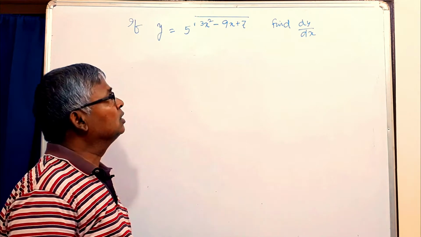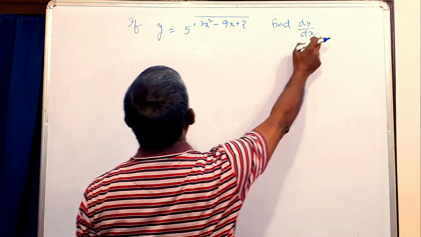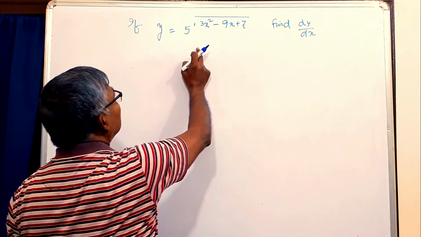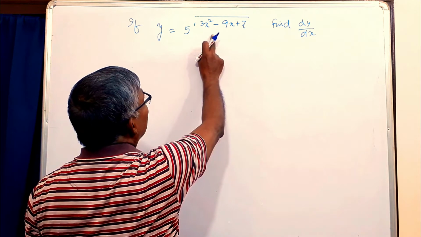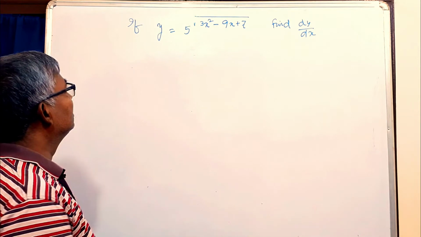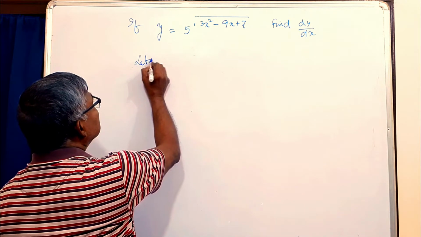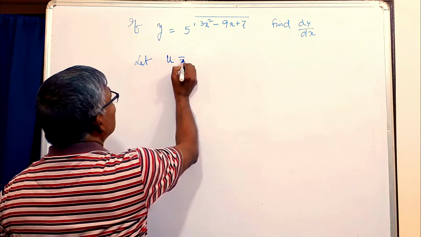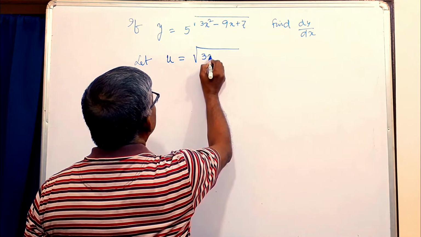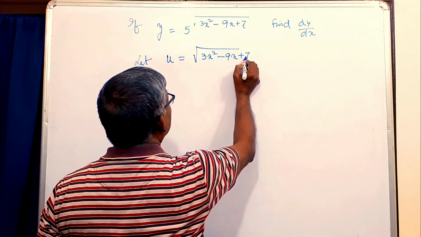Students, let us find dy/dx where y equals 5 to the power root over 3x square minus 9x plus 7. Let u equals root over 3x square minus 9x plus 7.